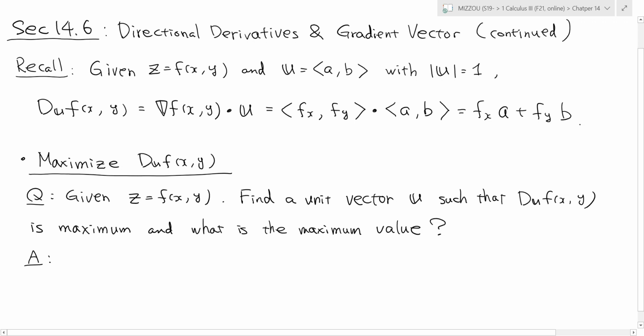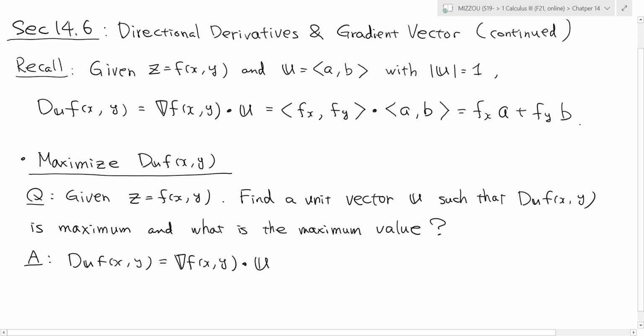Well, here's the way to think about it. As I put here, the directional derivative for an arbitrary u is given by the gradient of f dot product with u.